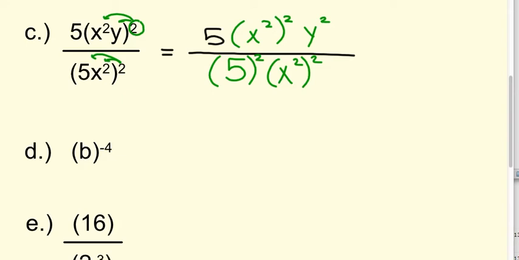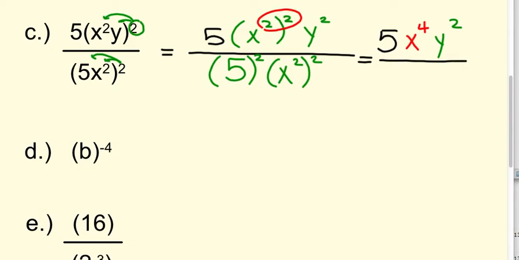Now I'm just going to clean up my powers. So x squared squared, something raised to the second power, you want to multiply those. So squared squared becomes x to the 4th. And then I still have that y squared over 5 times 5 is 25. And then x squared squared, multiply again, I get x to the 4th.